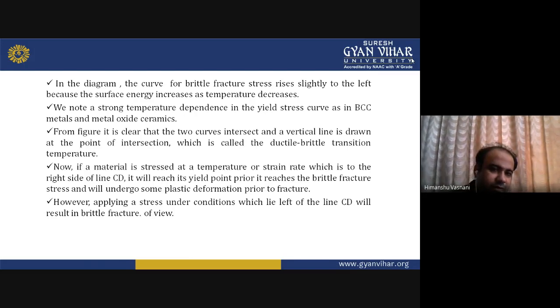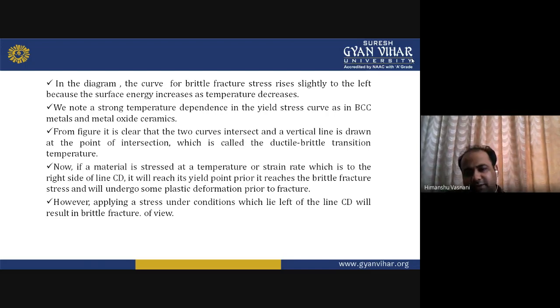So we saw the strong temperature dependence in the yield stress curve in a BCC metal. From the figure, it is clear that two curves intersect and a vertical line is drawn at the point of intersection, which is called the ductile to brittle transition temperature. I repeat, the two curves intersect and the vertical line is drawn at the point of intersection, which is called the ductile to brittle transition temperature.